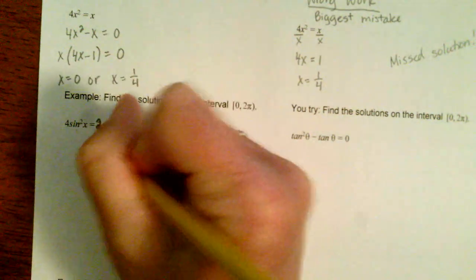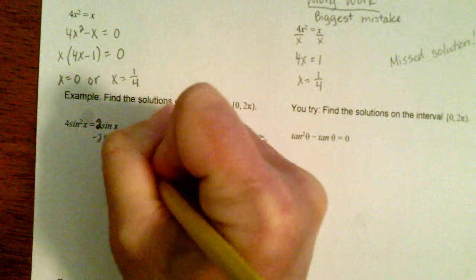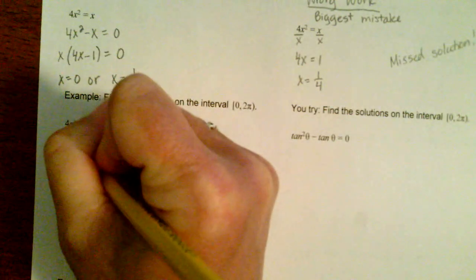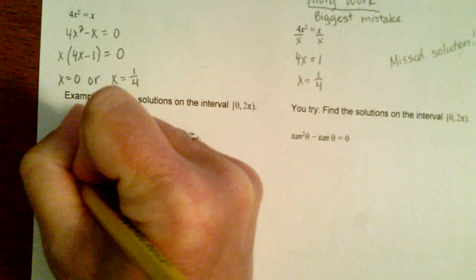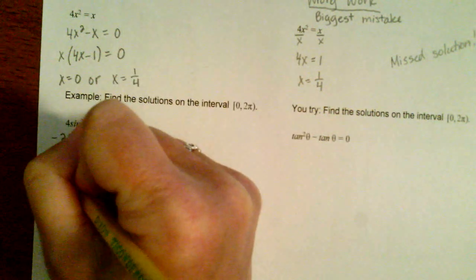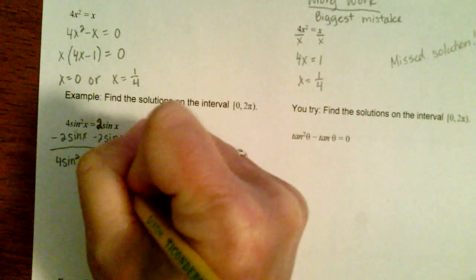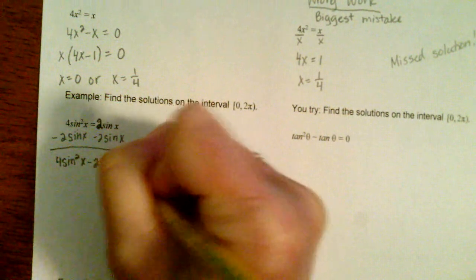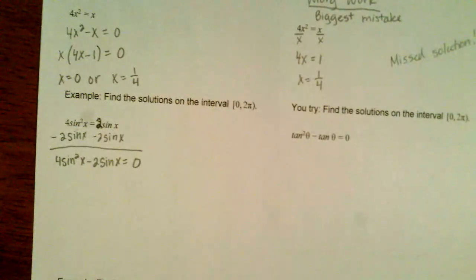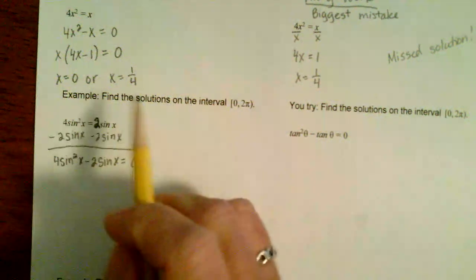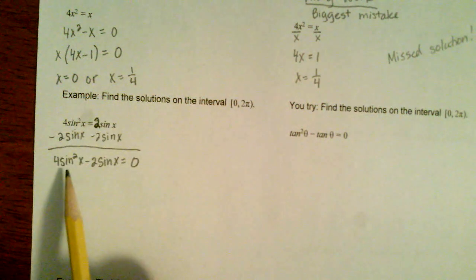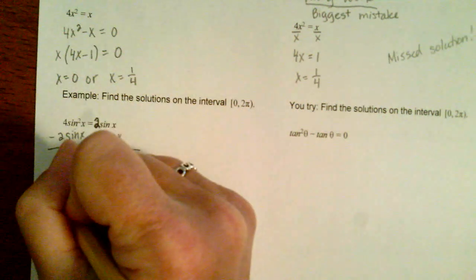So I'm going to subtract 2 sine x from both sides. And I'm going to be left with 4 sine squared of x minus 2 sine of x equals 0. And just like above, I'm going to look for my GCF. What's common to both of these terms is a sine of x.